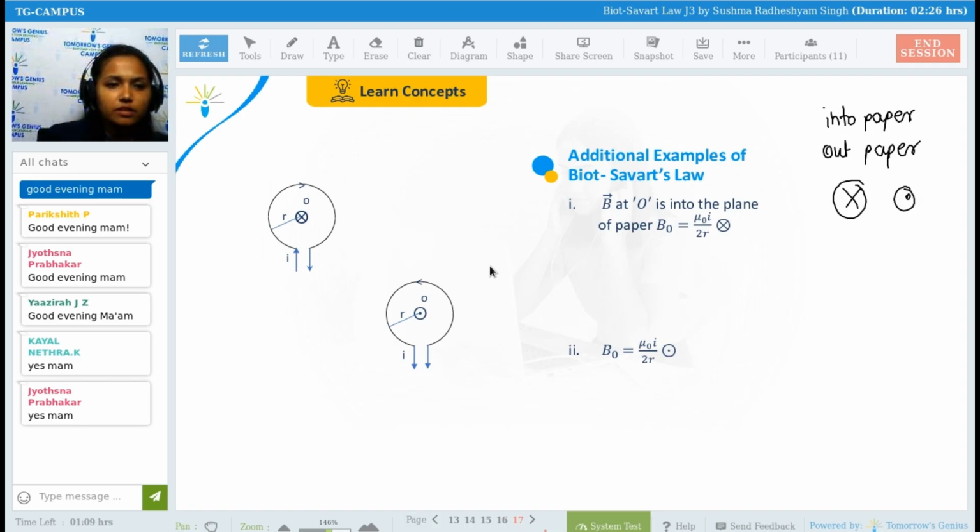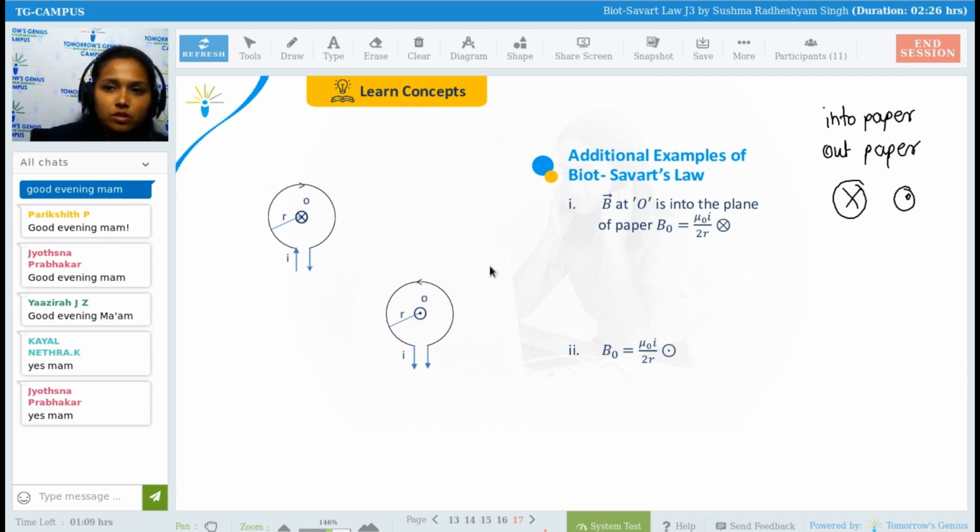Clear first of all this notation? Because in the exam they do not mention in words whether it is into the paper or out of the paper. They just mention the dot and cross. A dot means something is coming towards us, and a cross, like the end of an arrow, means something is going away. So into the paper is going away, and out from the paper is coming towards us.